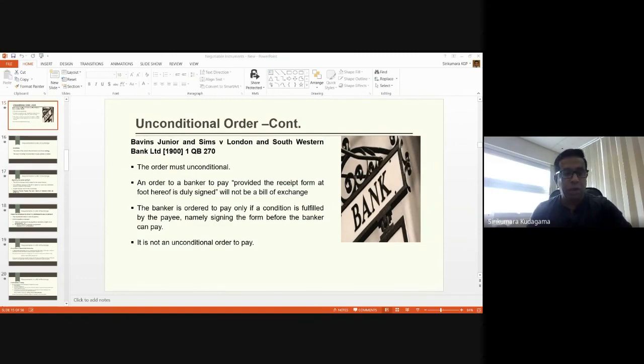So I would like to connect certain points from the old classical legal regime to the present one and show how the bank customer relationship and the rights and obligations of parties to a negotiable instrument have changed after the introduction of the check imaging and truncation system, and also why it is in operation without even a single amendment to the Bills of Exchange Ordinance, which will also be discussed, right?